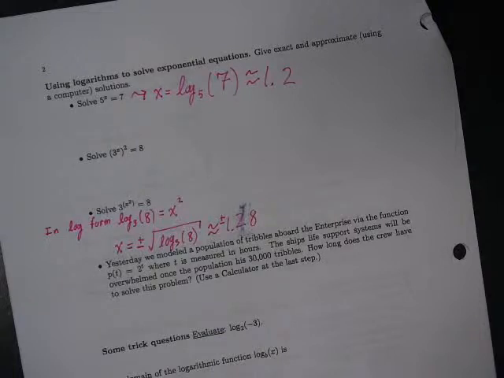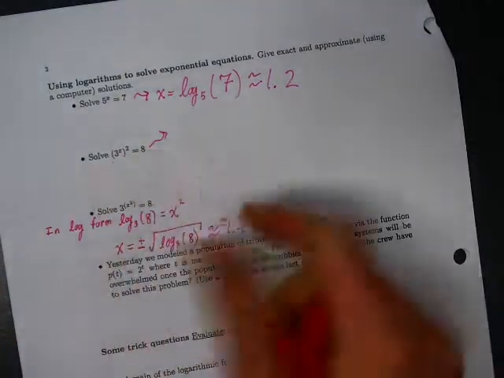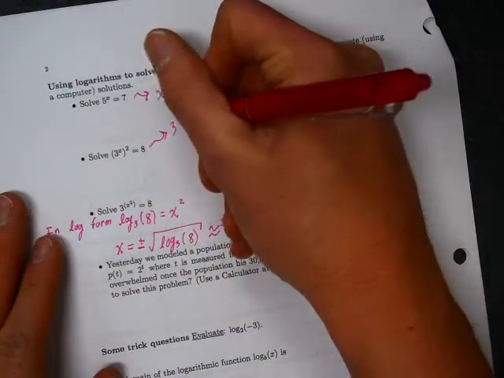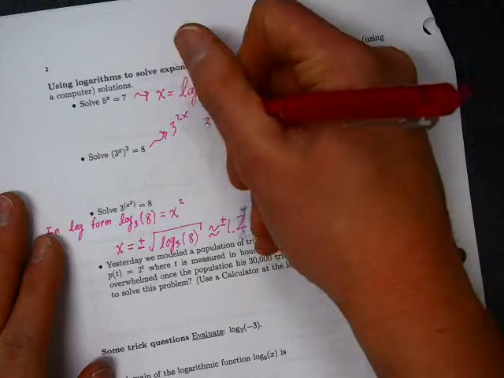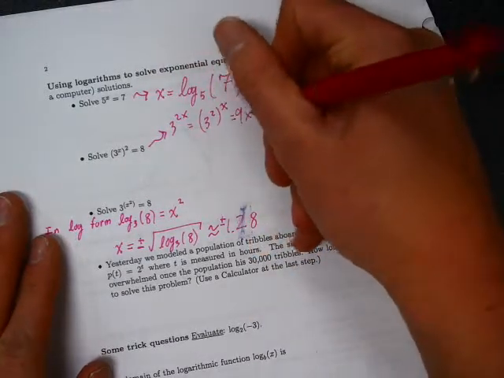It could be 9 to the x, or 9 to the 2x. Ah, cool. Okay, so there are two strategies. Here's one of them. 3 to the x squared is the same thing as 3 to the 2x, or 3 squared to the x, or 9 to the x.